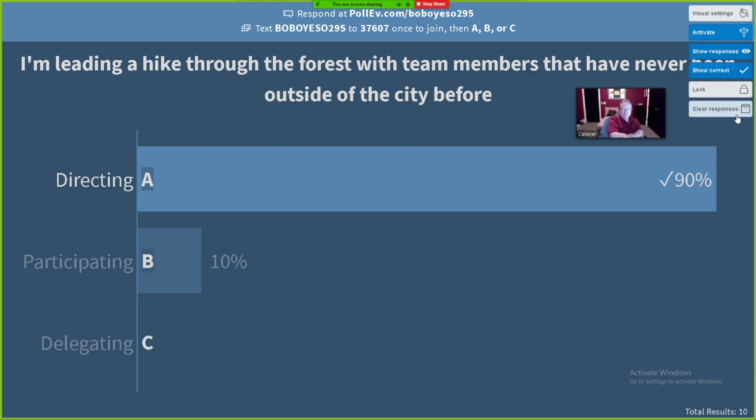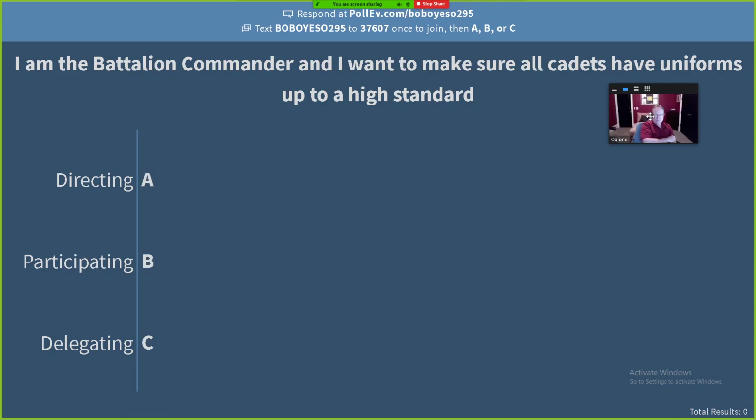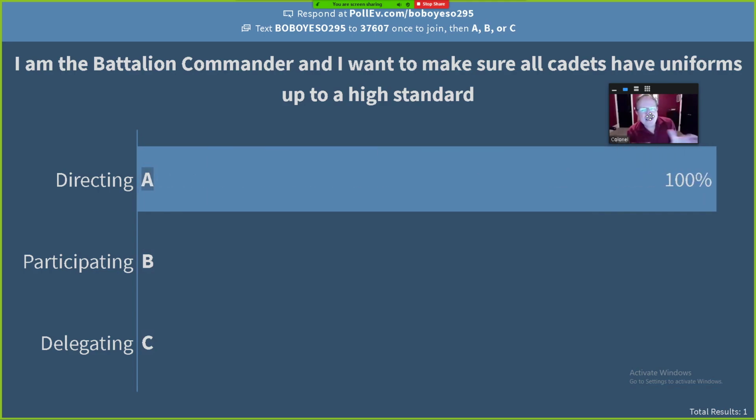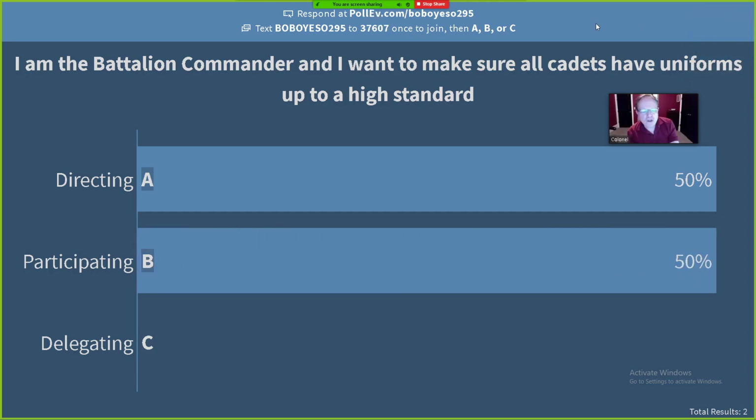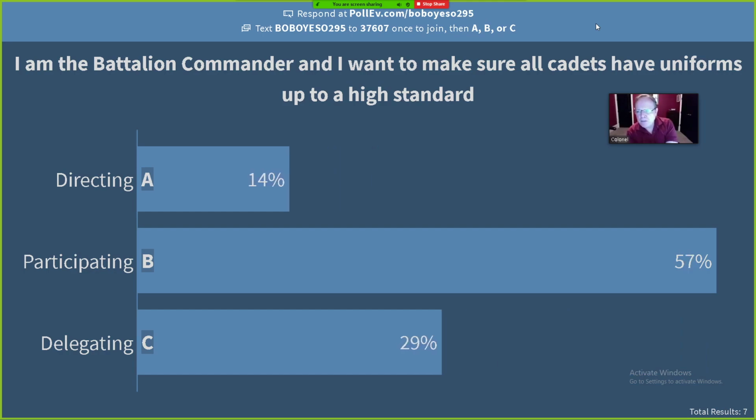So now to a different example. And just to break that out and see how that might work. They've never been on a hike. They've never been out of the city into the forest. So you're going to tell them things. You're going to direct them to bring insect repellent, sunscreen, and plenty of water.